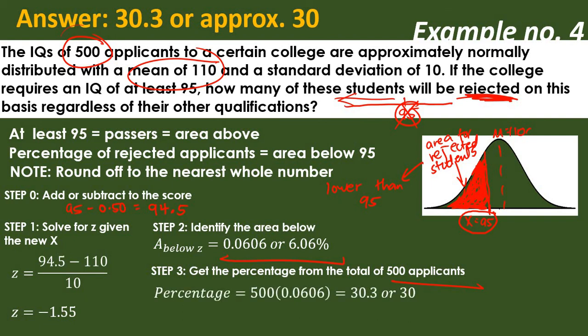So the number of students that will be rejected is simply the product of 500 times the area, 0.0606. So therefore, 30.3 or 30 students will be rejected on this basis regardless of their other qualifications. So out of 500, only 30 will be rejected. So that means the number of students who will be accepted will just be the complement, which is 470.